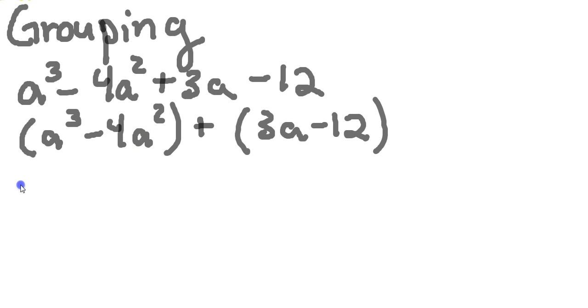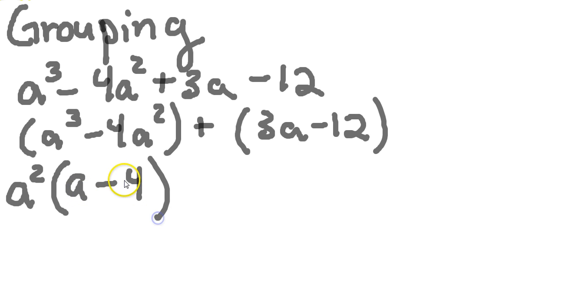So this would look like a squared open, a minus 4 close parentheses, because the a squared we can pull out all the way. Now if you were to multiply that back through, you'd end up back with a cubed minus 4a squared. Okay, that's the first term.